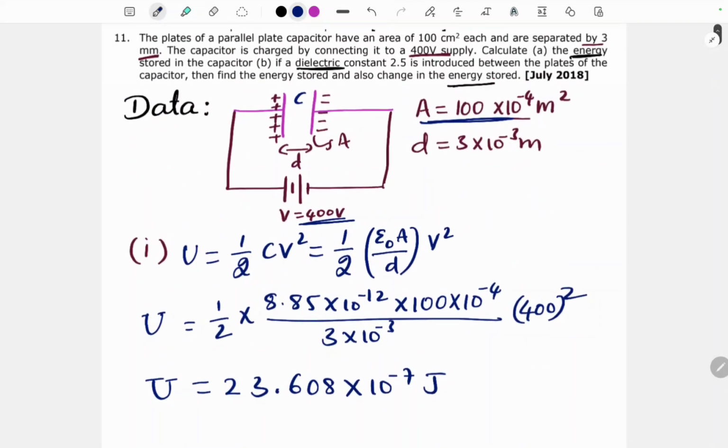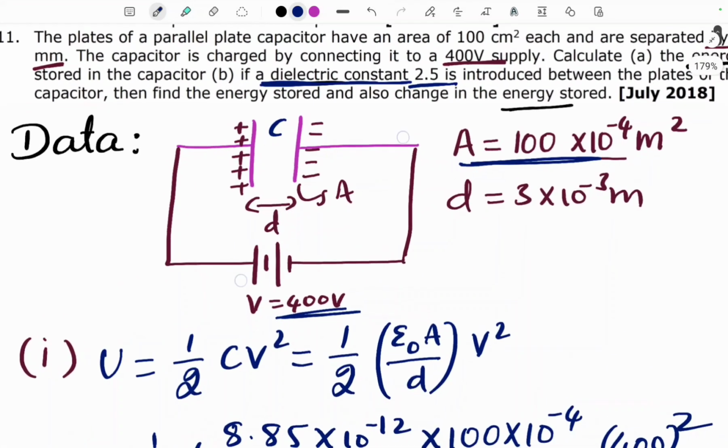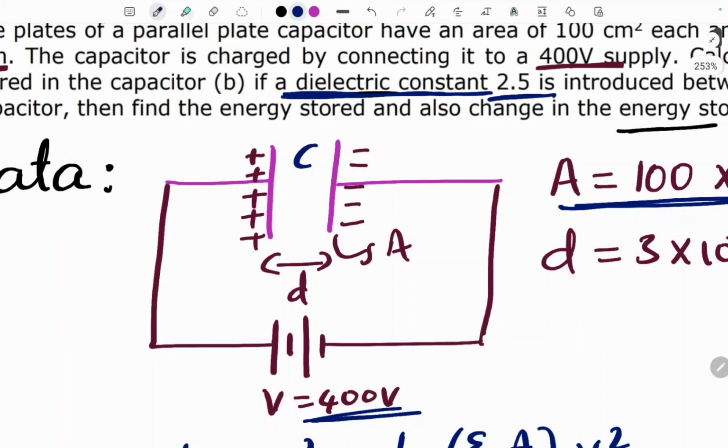Next we have to calculate the second case, where a dielectric medium of dielectric constant 2.5 is introduced between the plates. What will be the energy stored in this case? So here, dear students, between the plates of the capacitor there will be a dielectric medium placed. Then what happens?